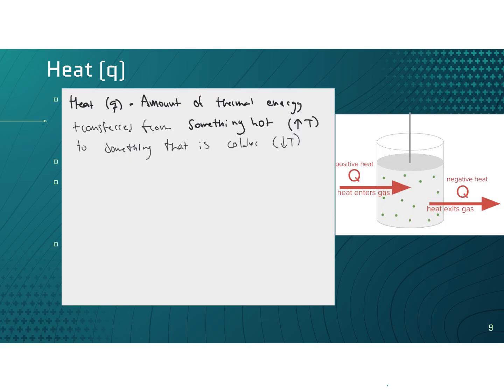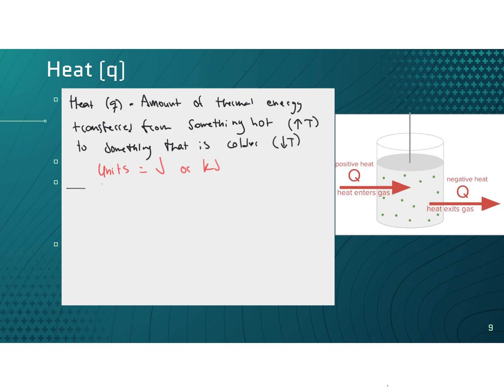Basically, with a lower temperature. So all heat is, is the amount of thermal energy transferred from something hot to something cold. The units for heat are either joules or kilojoules. This is really important as we're starting to calculate something. We should know what kind of units we're using with heat.